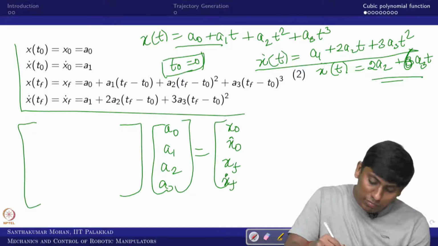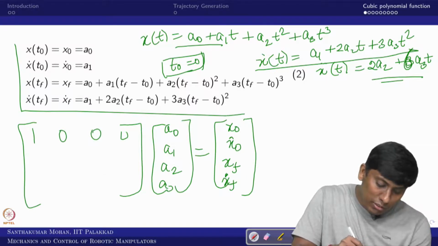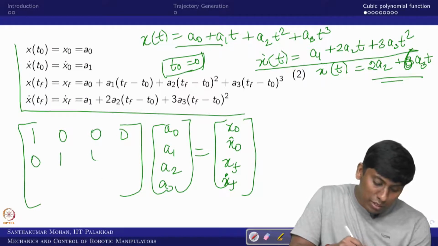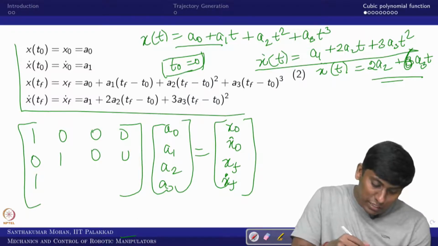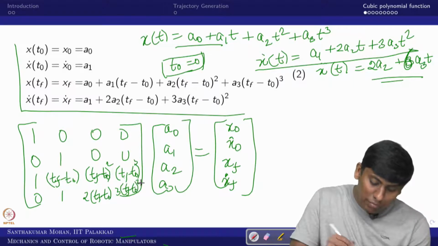You can see the first equation is 1 0 0 0, the second equation 0 1 0 0, and the third equation 1, then tf minus t naught and tf minus t naught squared, and tf minus t naught cubed, and the fourth 0 1 and 2 times tf minus t naught, and 3 times tf minus t naught squared, right.